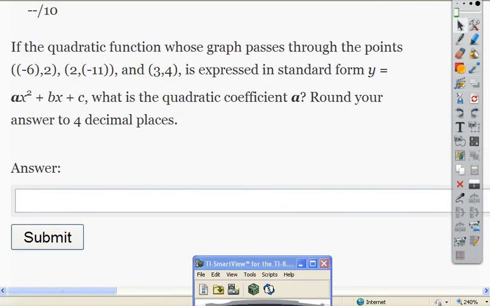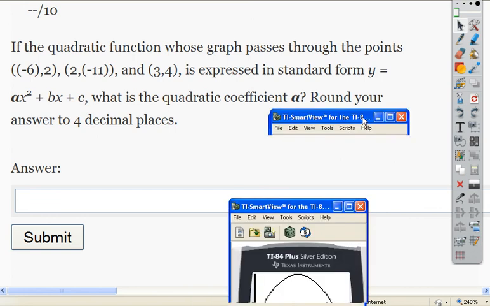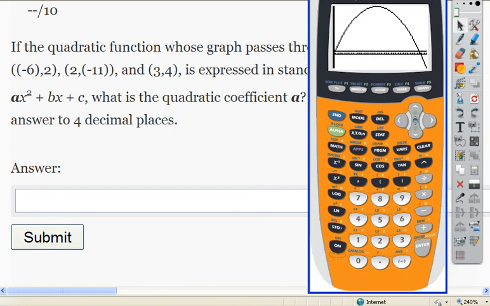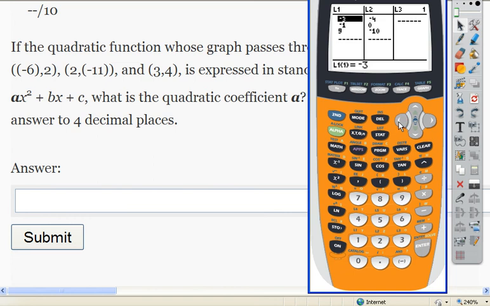So, stat, edit, and then we're going to go negative 6 for my first x value, 2 for my second x value, 3 for my third, and 2 for my first y value, negative 11 for my second, and 4 for my third.